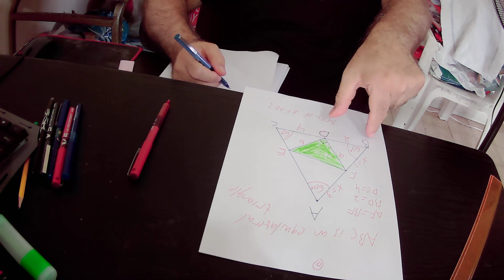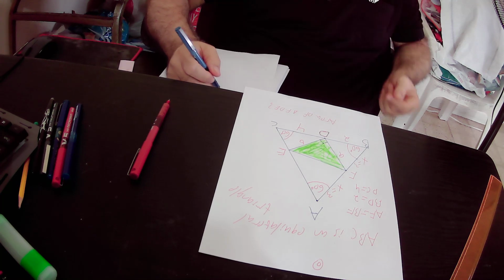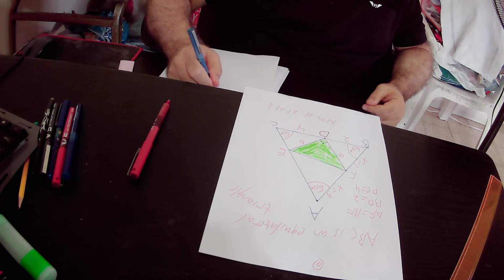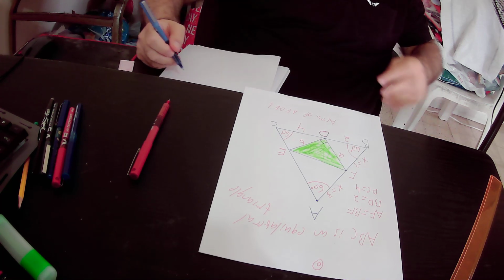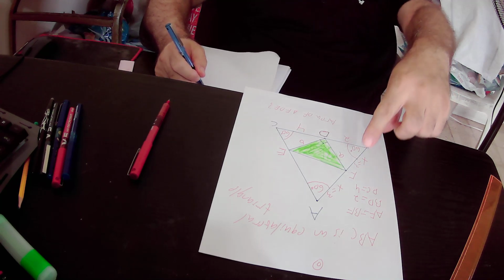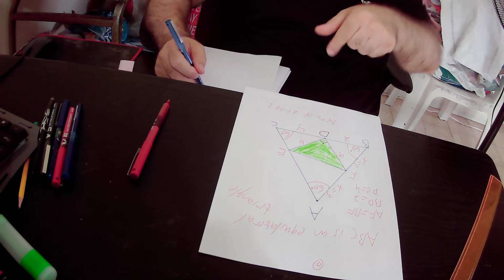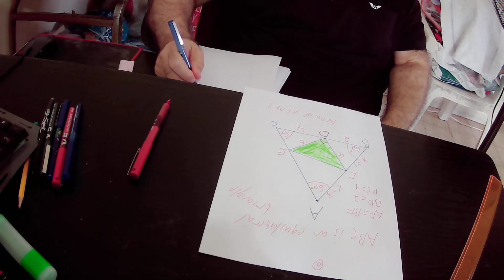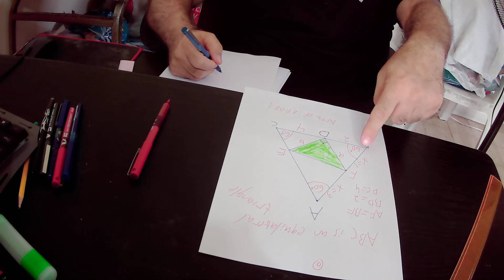BD equals 2 units, so BD square is 2 square, and 2 square is 4, minus 2 times BF, which is 3, times BD, which is 2. So 3 times 2 times cosine 60 degrees.